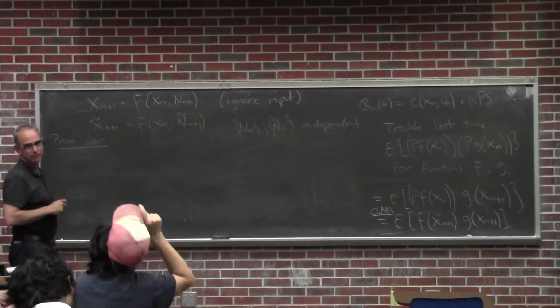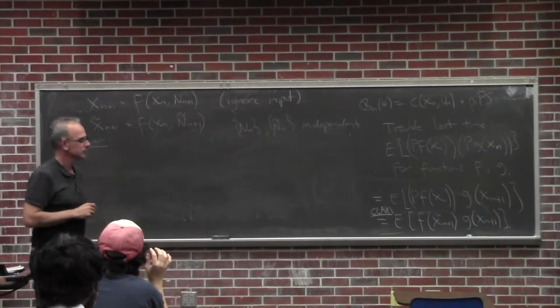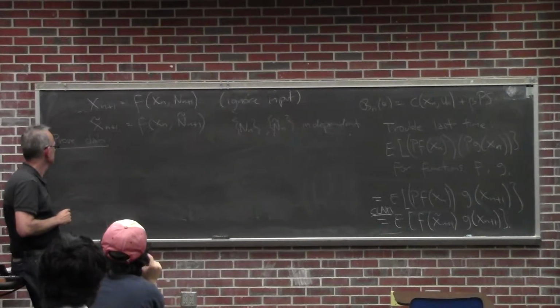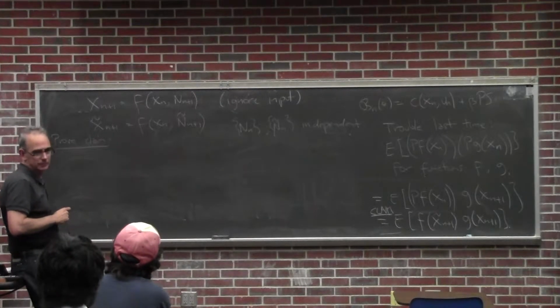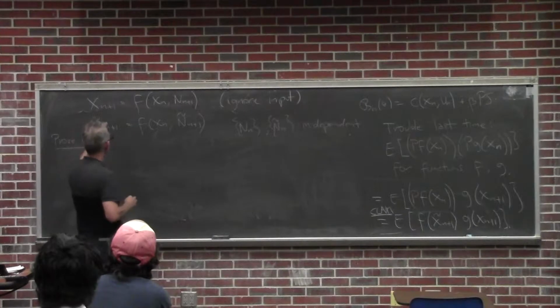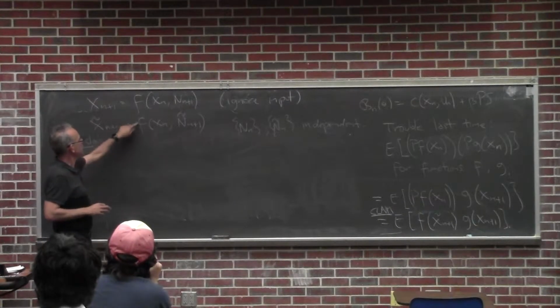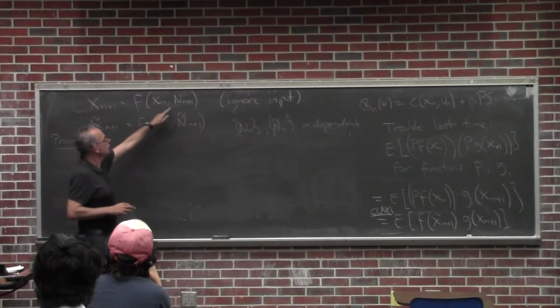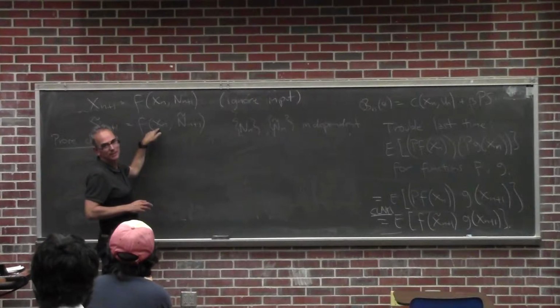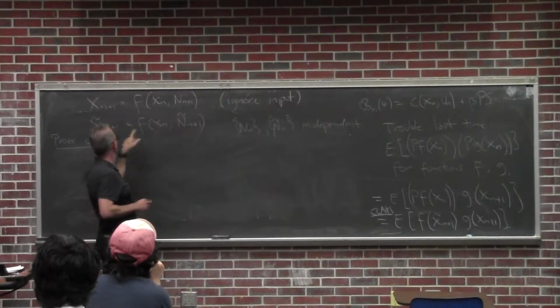Xn tilde and xn plus 1 tilde aren't really related by the definition of that. They're related by the dynamics of f exactly; if there was no noise here, they'd be identical. But xn plus 1 tilde is not dependent on xn tilde.